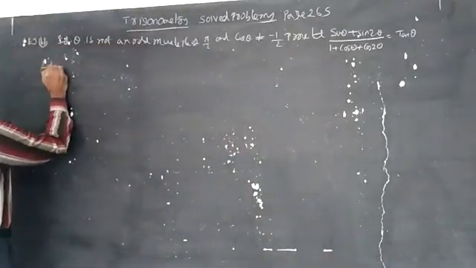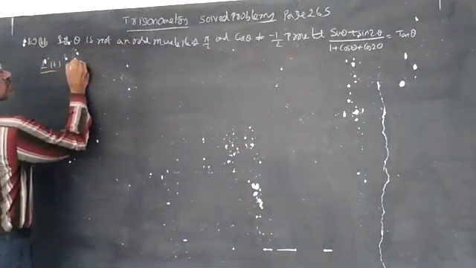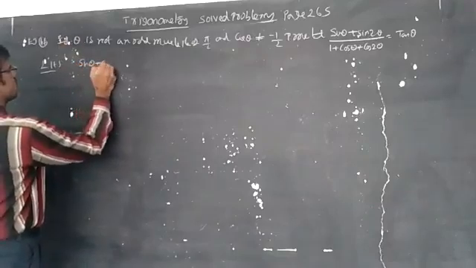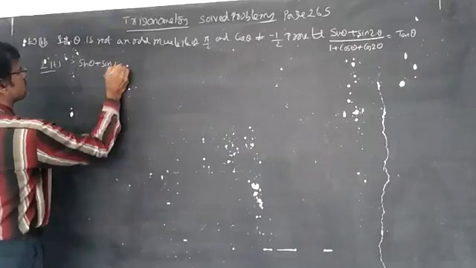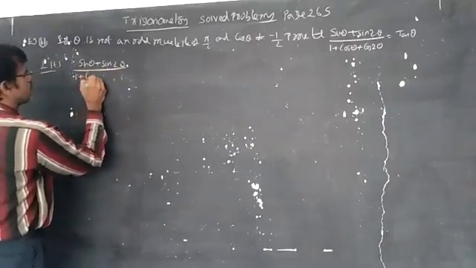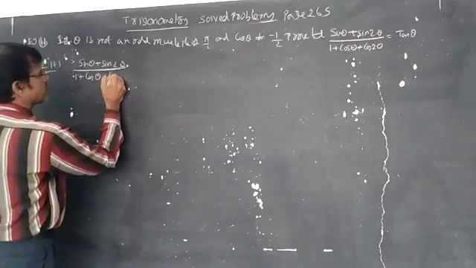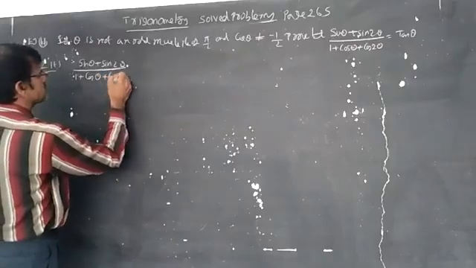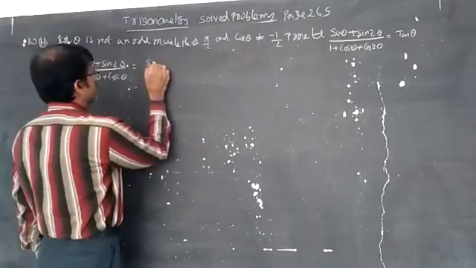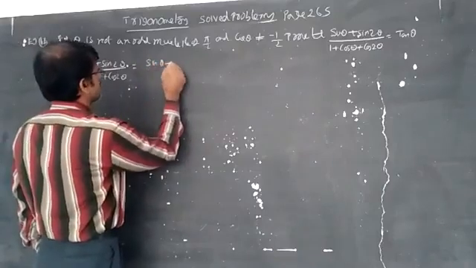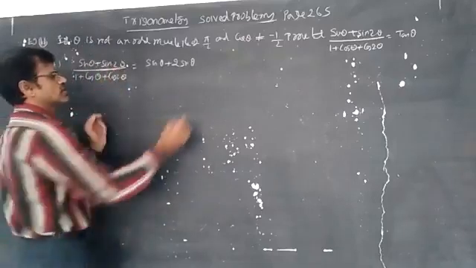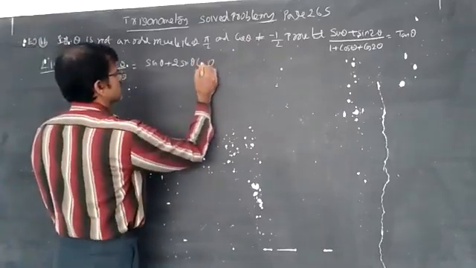Now take the LHS: (sin theta + sin 2 theta) / (1 + cos theta + cos 2 theta). Write the formula of sin 2 theta, which is 2 sin theta cos theta.